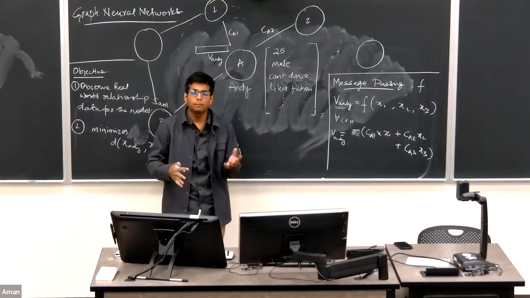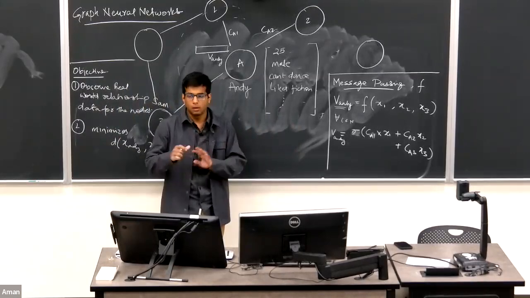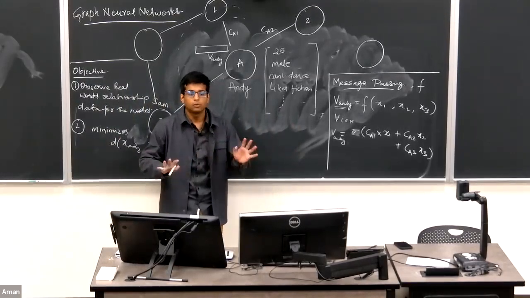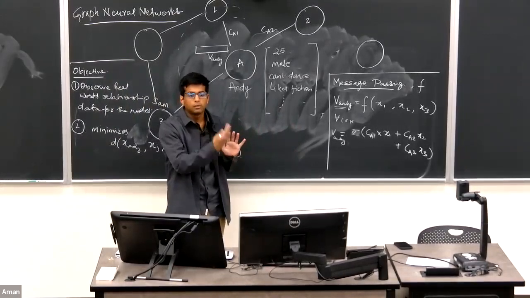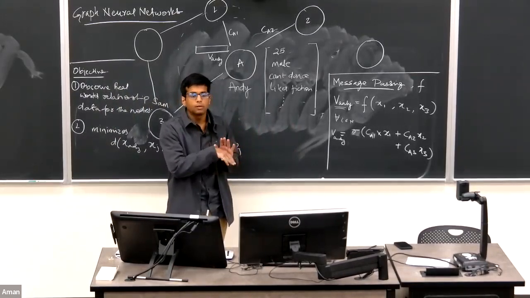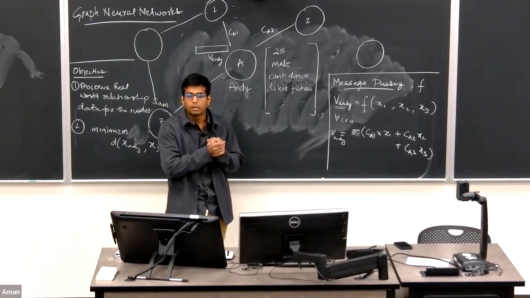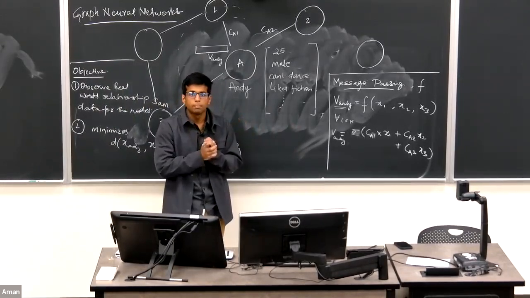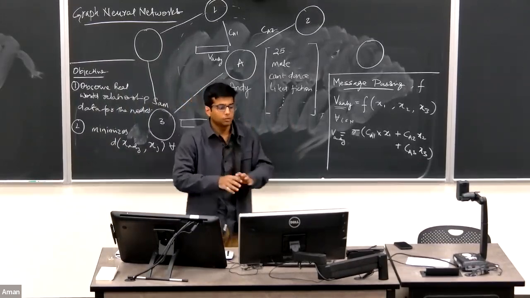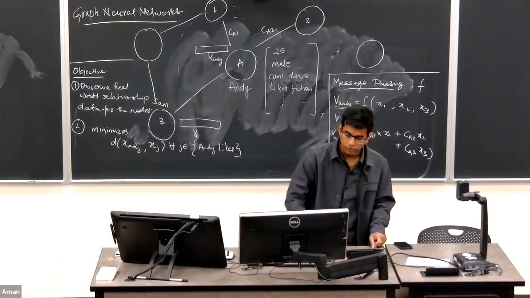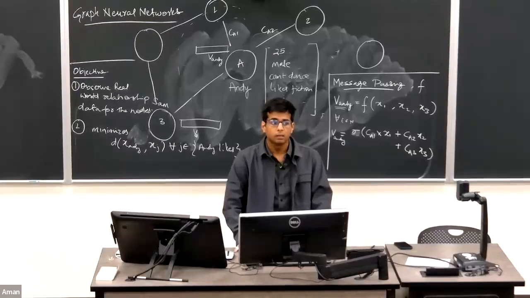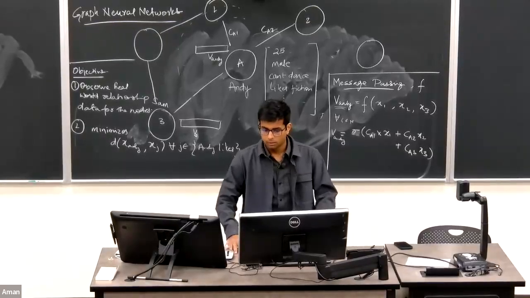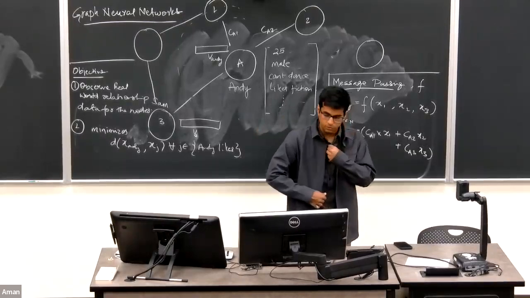So depending on what your problem is and how the data is represented, this is how you maneuver data into a graphical format and then solve either an edge prediction task, a node classification task, or even a graph classification task. All right, that was just a very brief introduction to graph neural networks. I'll stop here and pass the mic to Zubeda for the rest of the class.